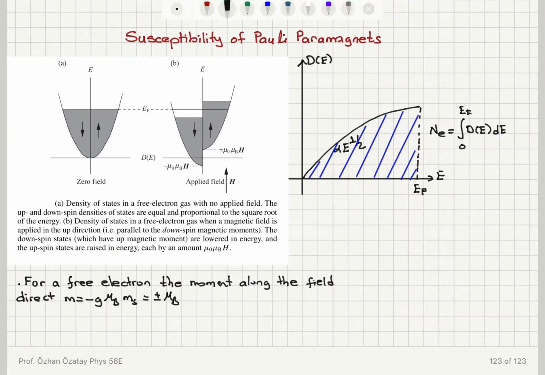So we have only a Bohr magneton contribution because there is no orbital motion for the free electron. It only has spin.